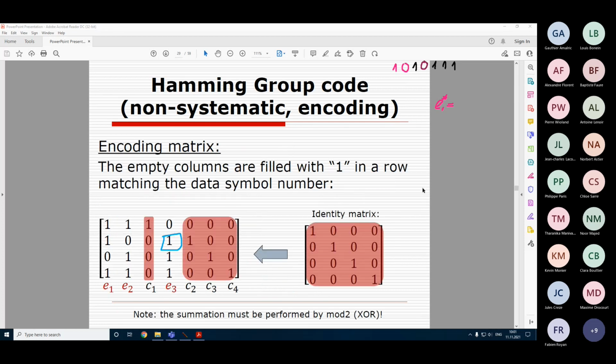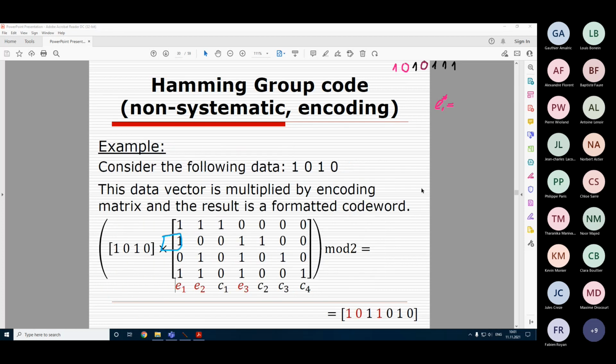Wait, so all of our, sorry, I have mistyped our information part. It is 0, 1, 0, yes, this one.